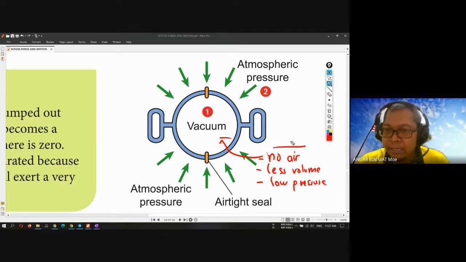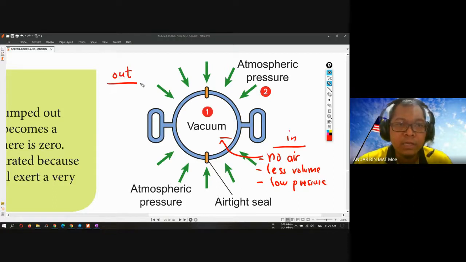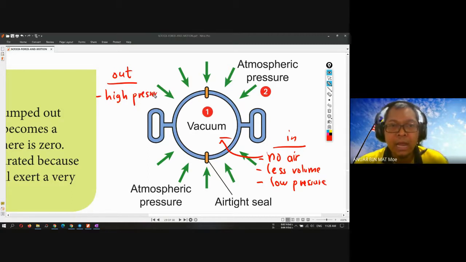Inside, this is inside. Outside, the atmospheric pressure outside, normal 1 atm, because outside has higher pressure. So the higher pressure of gas will exert on the outside of the container.